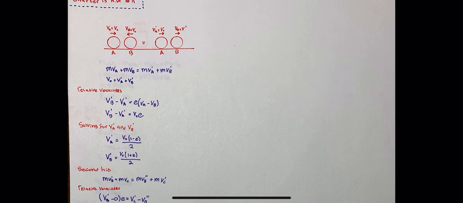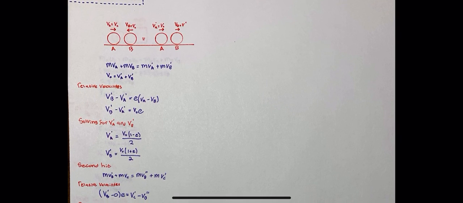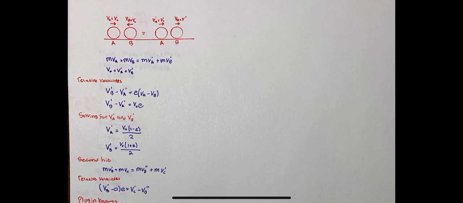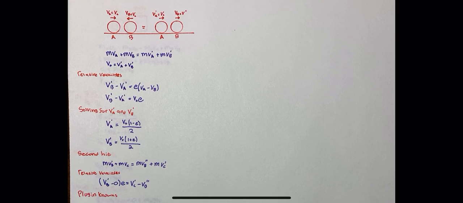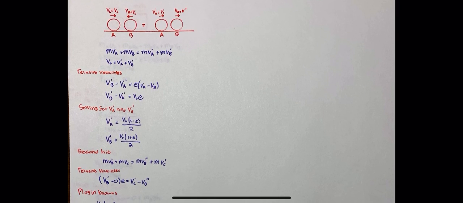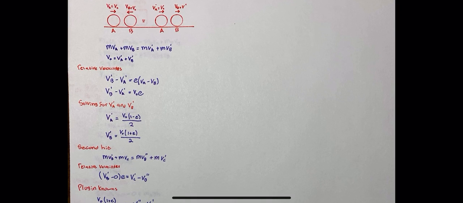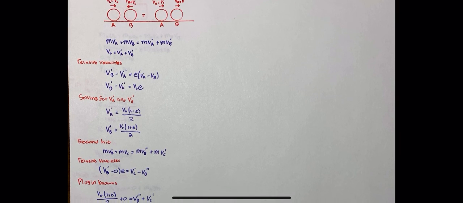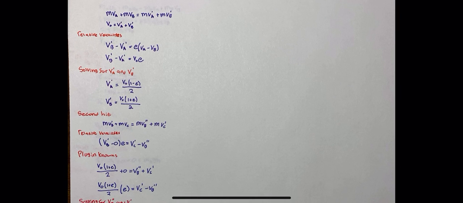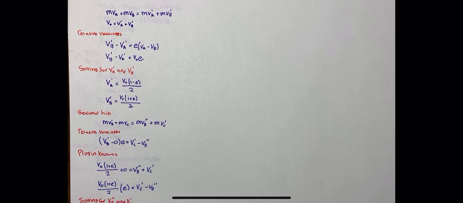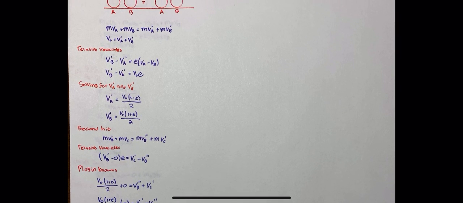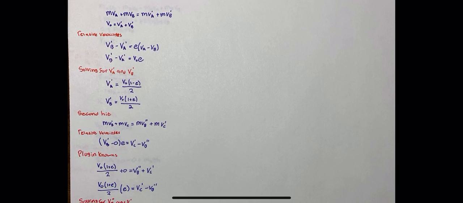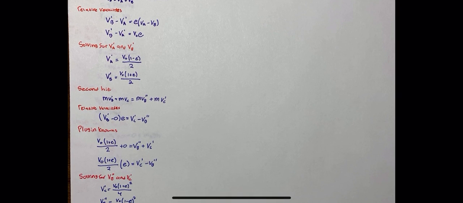We know that V prime B minus VA prime is equal to E times VA minus VB. Along with that, V prime B minus V prime A is equal to V naught times E. Solving for V prime A and V prime B, we get these two equations.